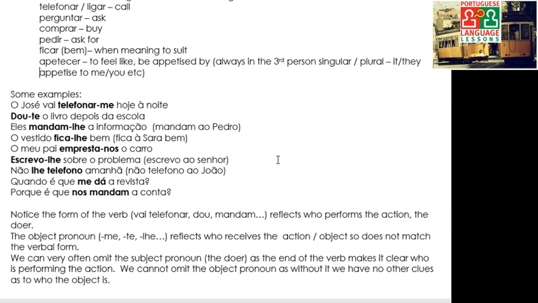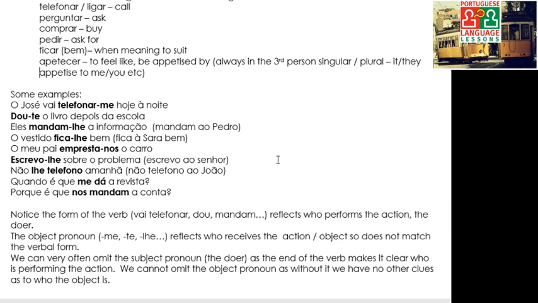We can very often omit the subject pronoun, the doer, because the end of the verb makes it clear who is performing the action. However, we cannot omit the object pronoun, as without it we have no other clues as to who the object is.